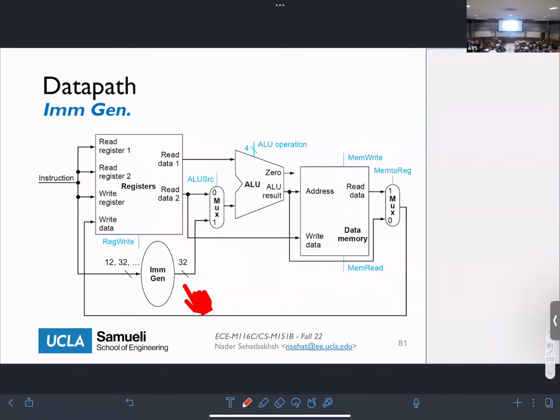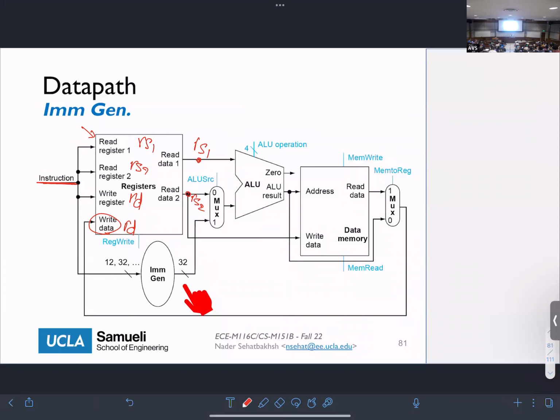The first thing to pay attention to is that your instruction goes into your RS1, RS2, RD. This is the data for your RD, this is the value of your RS1, and this is the value of RS2.